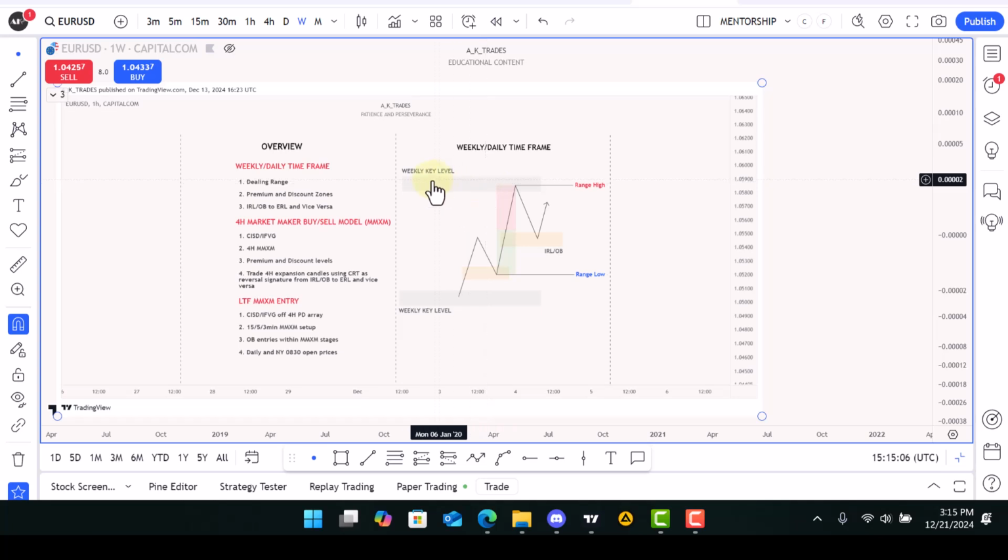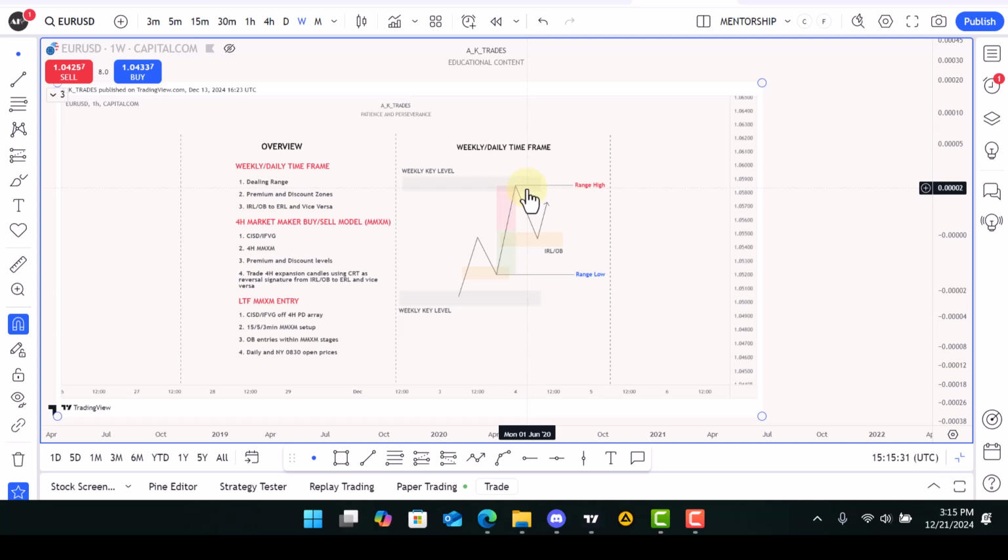In this scenario, the market is trending in a bullish direction, so that is a bullish bias. Price came off a weekly discount array, expands, retraces, expands, retraces, and expands.